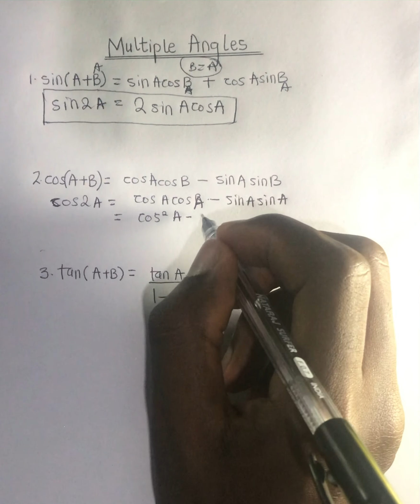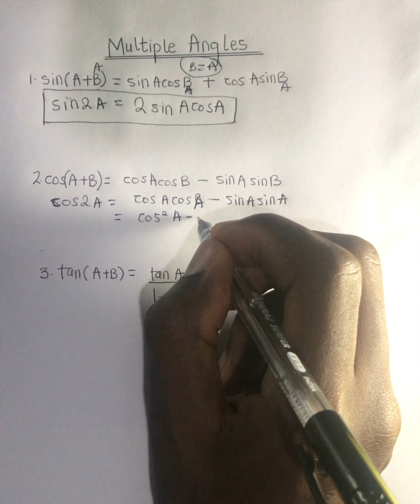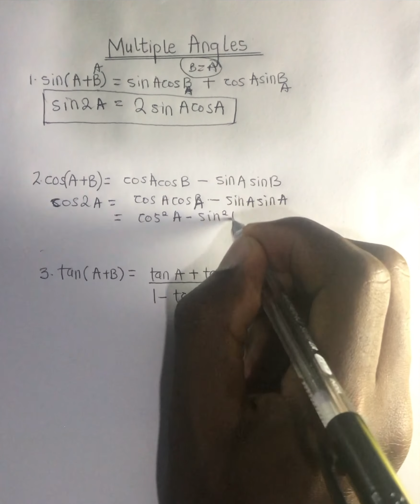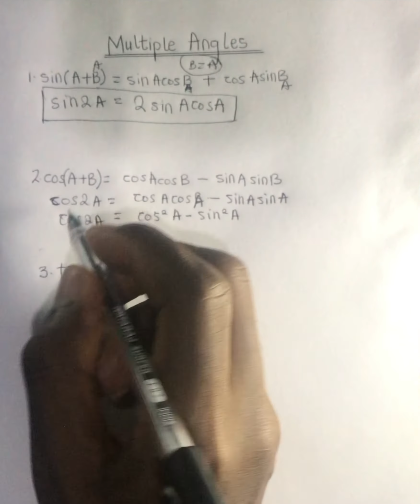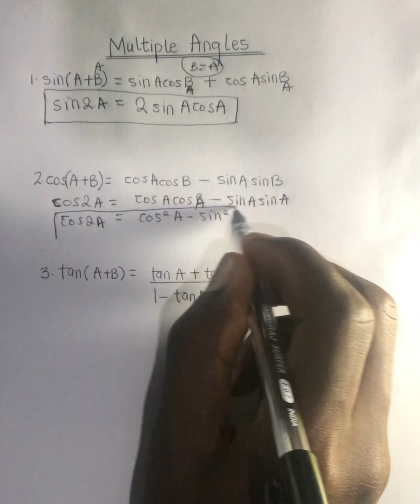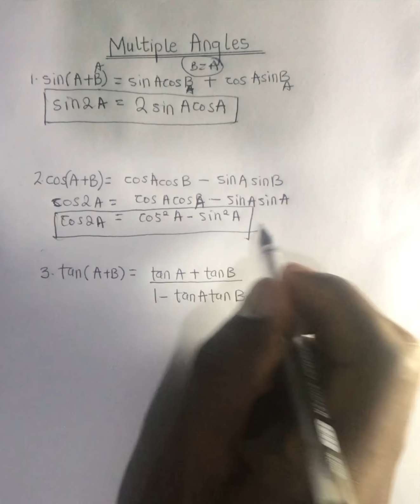So we obtain our expression as cos square A minus sine square A, and this is equal to cos 2A. And we obtain our second multiple angle formula.